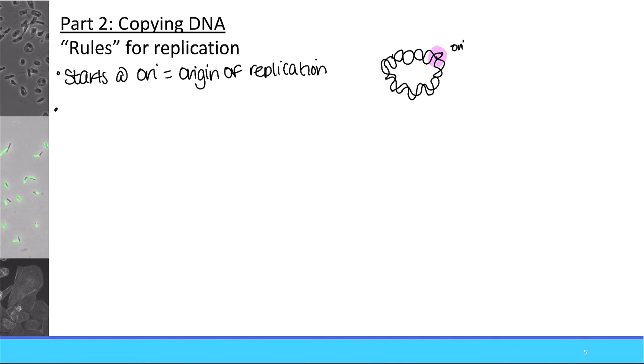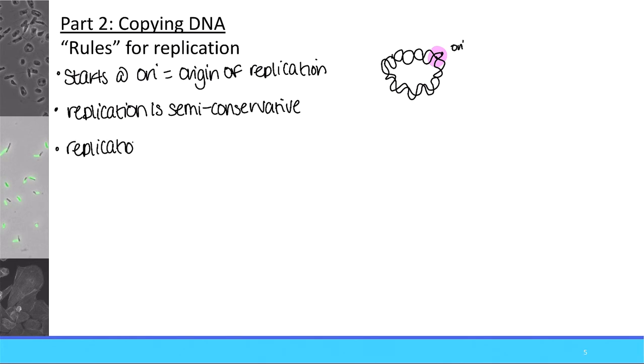The other thing that we will see, as we showed in day 2 by studying Meselson and Stahl's experiment, is that replication is semi-conservative. So we're going to see half old, half new. We will also see that replication is bidirectional.